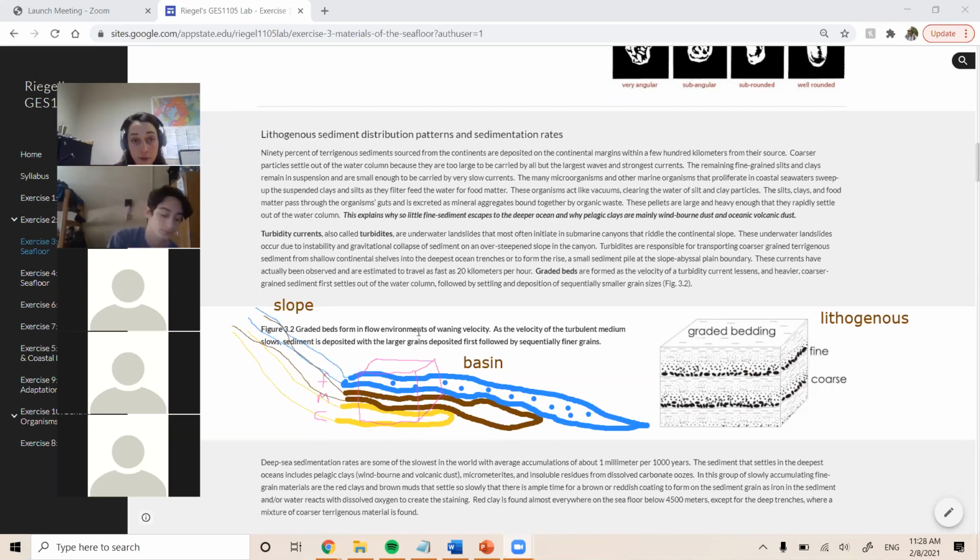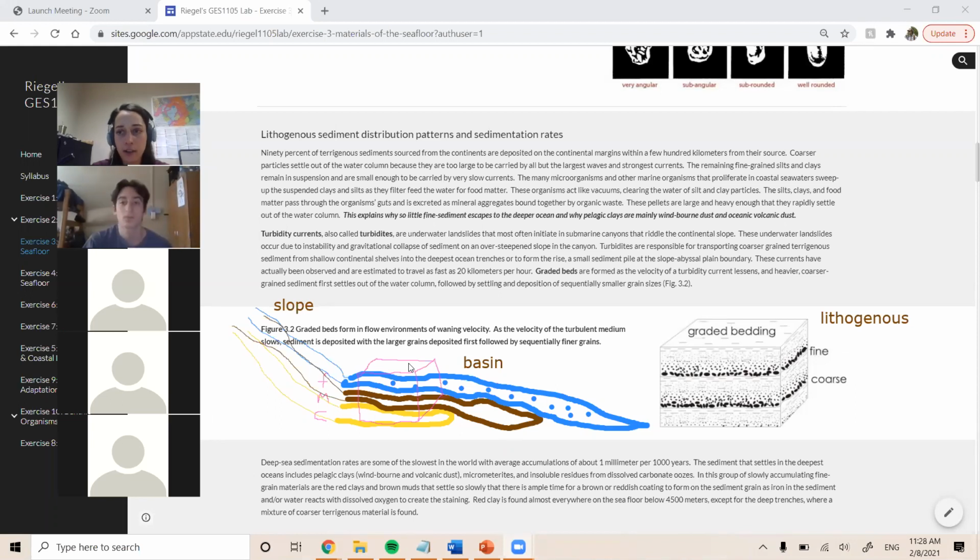Yeah, absolutely. So it comes from land, and you're totally right. There's only so far that this material can travel out to sea, right? So that means that this can't be found right near the Mid-Atlantic Ridge, because how is it going to get out there? So this terrigenous, lithogenous material must be from somewhere near the slope.